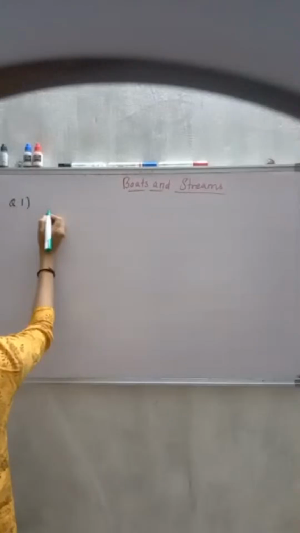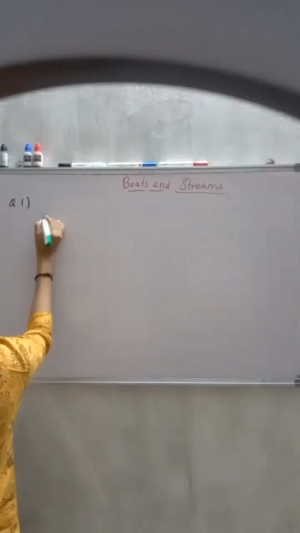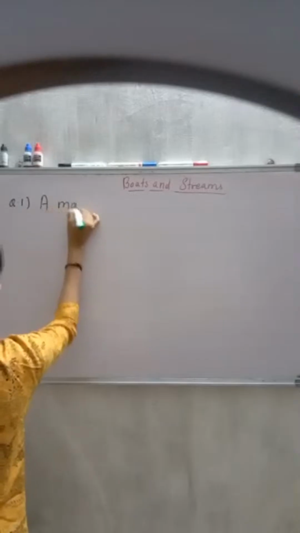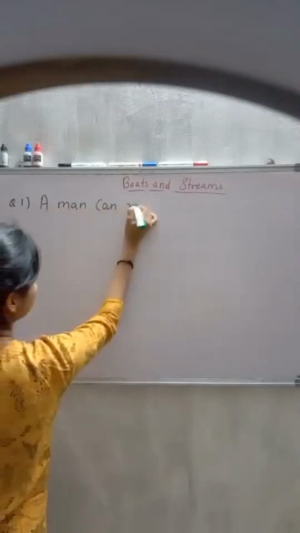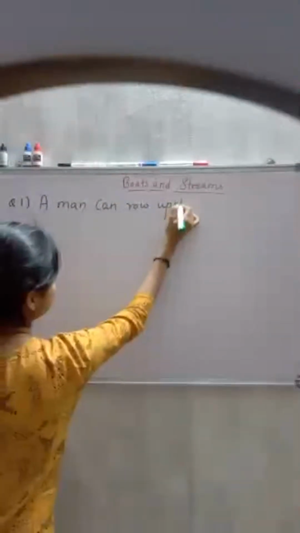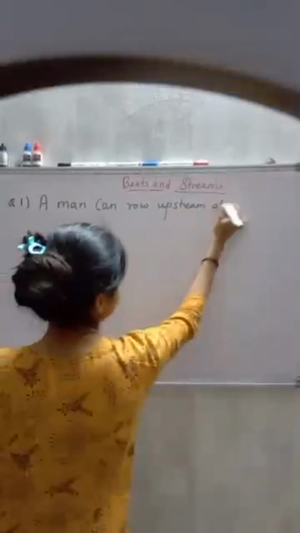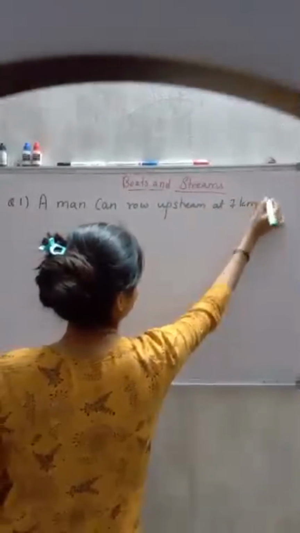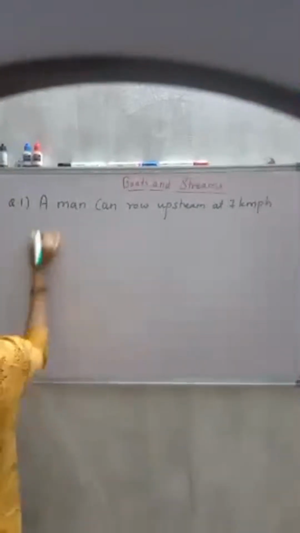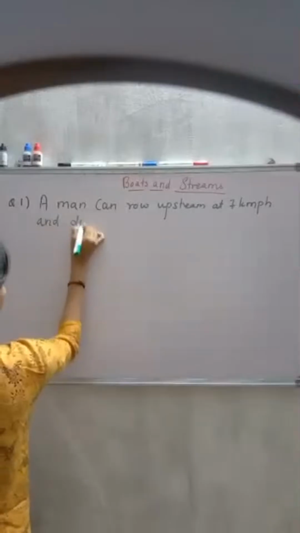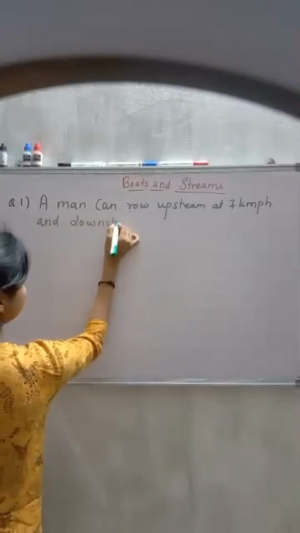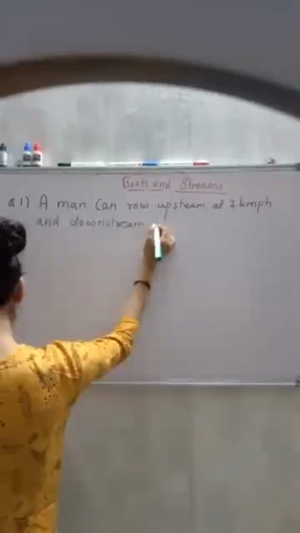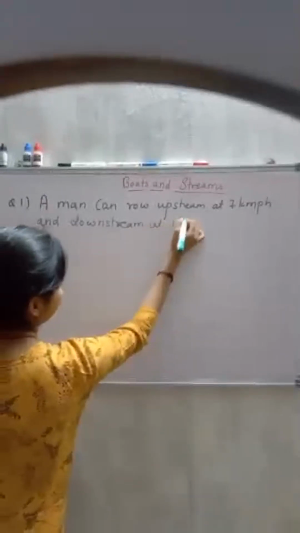Question number 1 is, a man can row upstream at 7 km per hour and downstream at 10 km per hour.